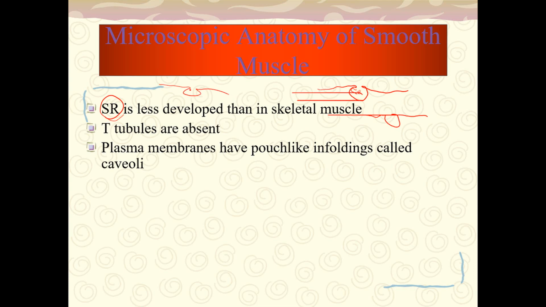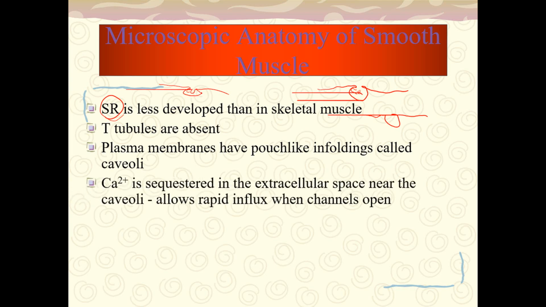So in that pouch, there's going to be calcium in there. So what's going to happen is when there are channels and those channels open, since there's a high concentration of calcium in this caveola, we'll still have that rapid influx. So calcium is still the final trigger, but this might seem a little bit confusing at first because there's no troponin complex. So calcium clearly then isn't going to bind to troponin and move tropomyosin out of the way.